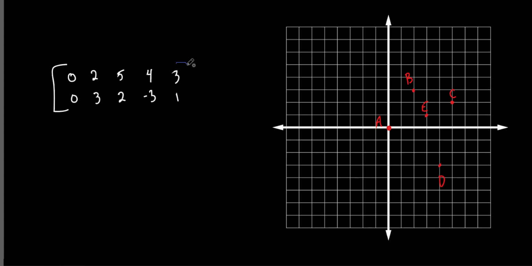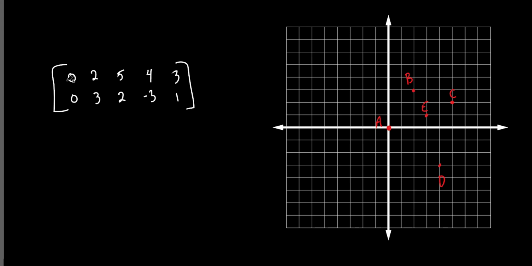And that's all they ask you to do. They don't ask you to do anything with it. Nothing fancy. They just want you to see that you can take coordinates on a graph and translate them and make them into a matrix. And that's how you do it. So that would be 1 point, a second point, and so on. Pretty easy, isn't it?